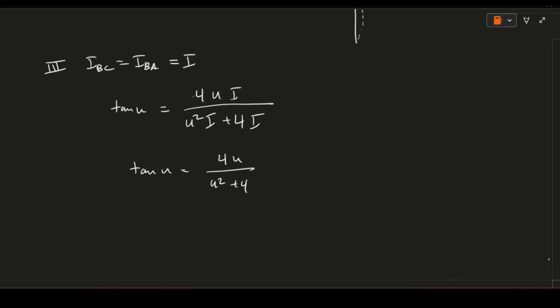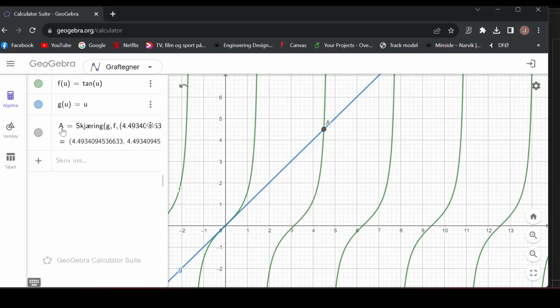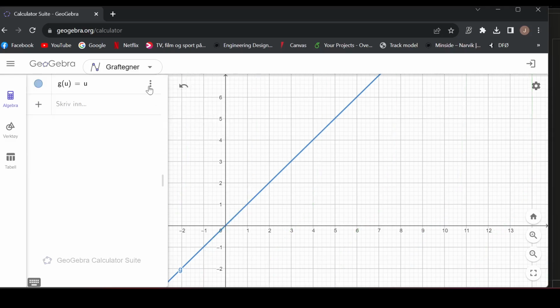And again, we can use a calculator to solve this. Just delete the previous.